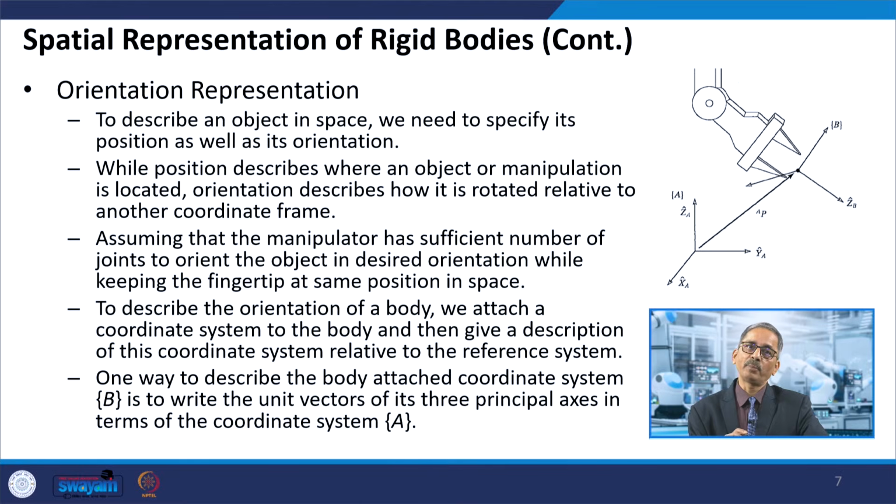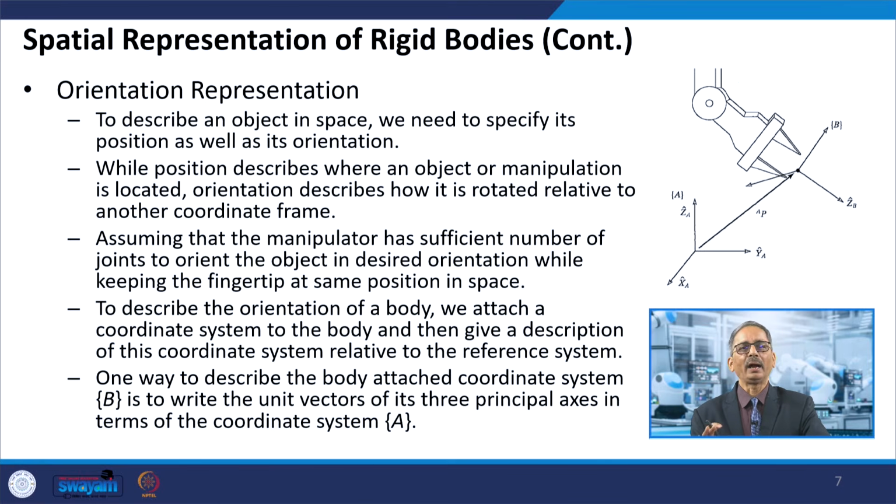Next, let us come to the little complicated part, which is the representation of orientation. Again, as I said, if we want to describe an object in space completely, we need the description of position as well as orientation, because in a certain position the object can have multiple orientations.